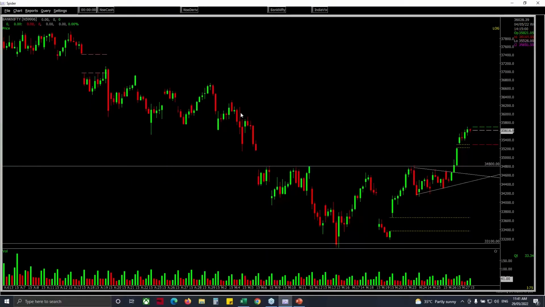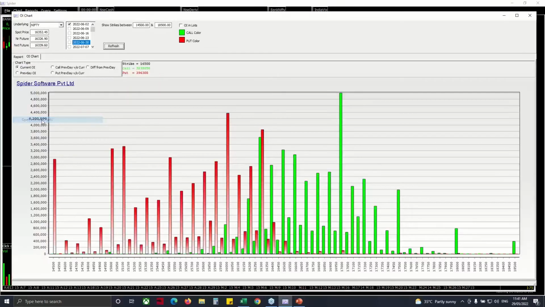Let's see what are the points where we can take support and resistance based on open interest. Let's check Bank Nifty.